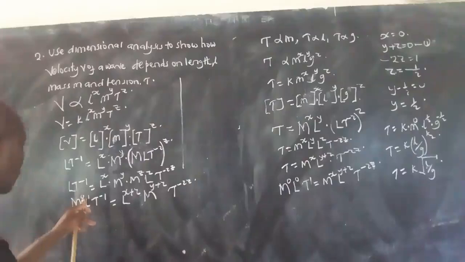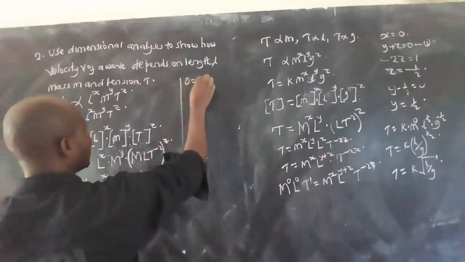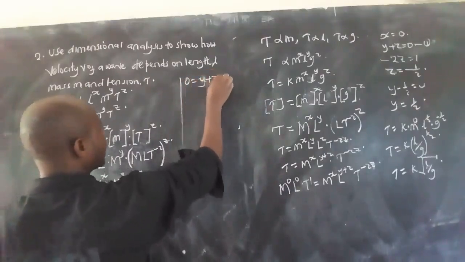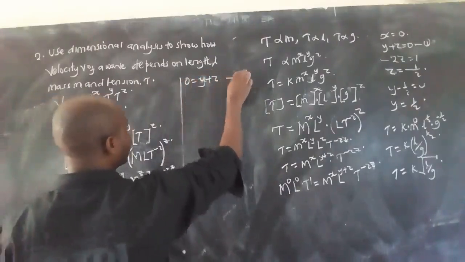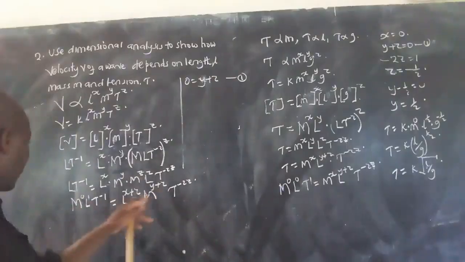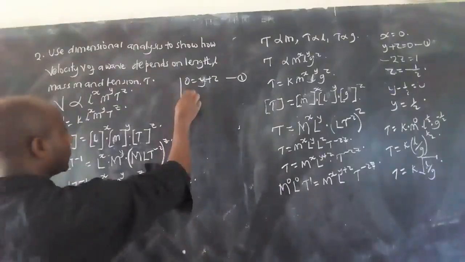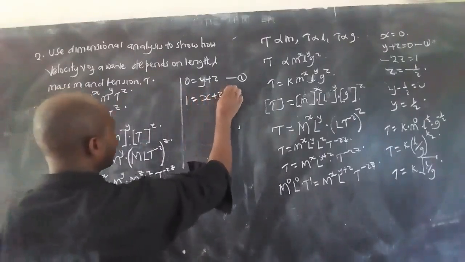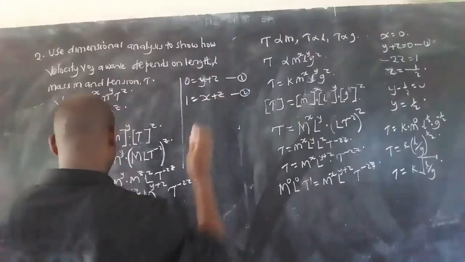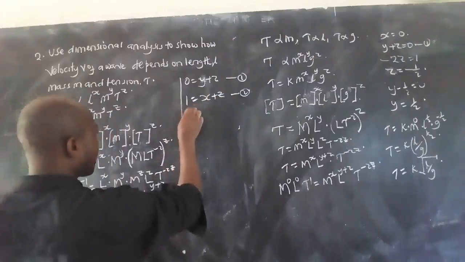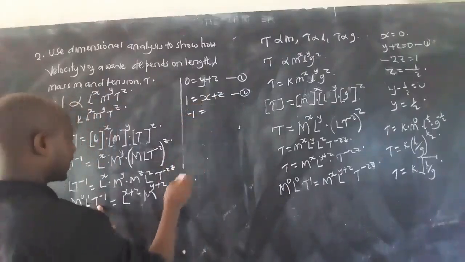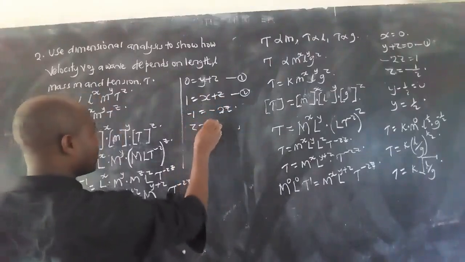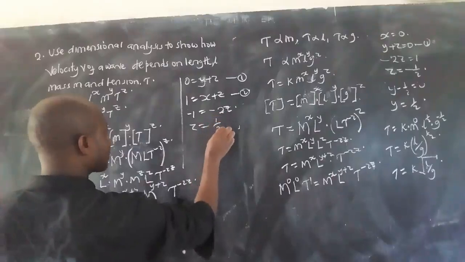Equating the dimensions, for M: 0 is equal to y plus z, equation 1. Then equate for L: 1 is equal to x plus z, equation 2. Then for T: negative 1 is equal to negative 2z, so z will become a half.